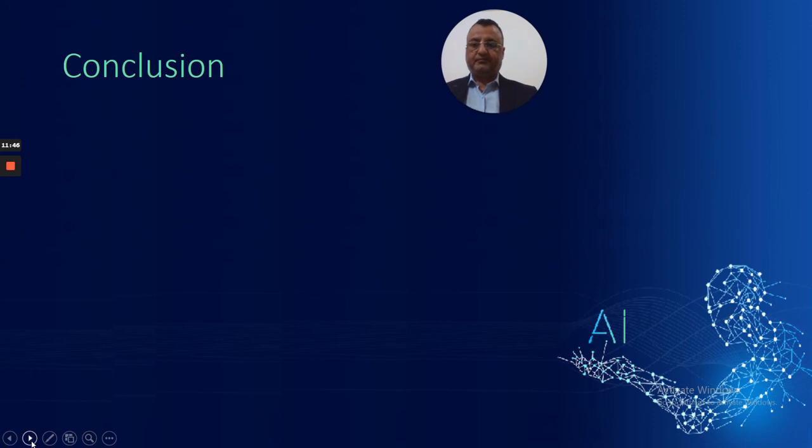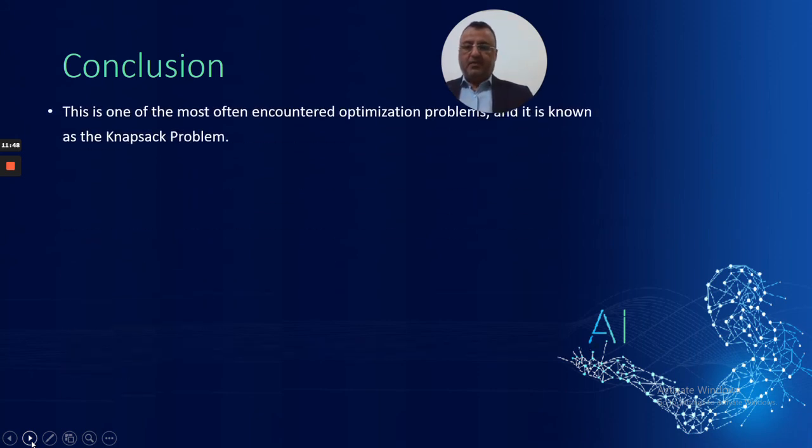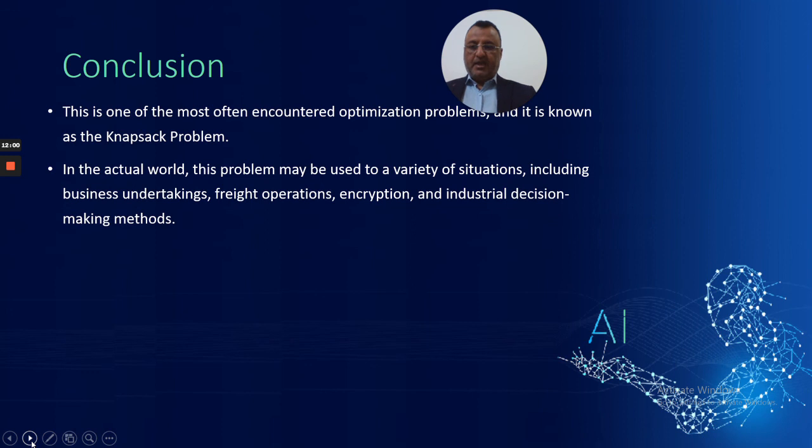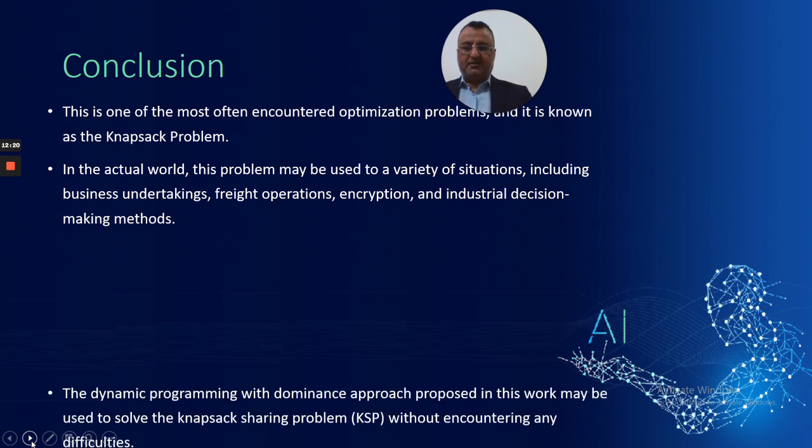Conclusion. This is one of the most often encountered optimization problems, and it is known as the knapsack problem. In the actual world, this problem may be used in a variety of situations, including business undertakings, freight operations, encryption, and industrial decision-making methods.